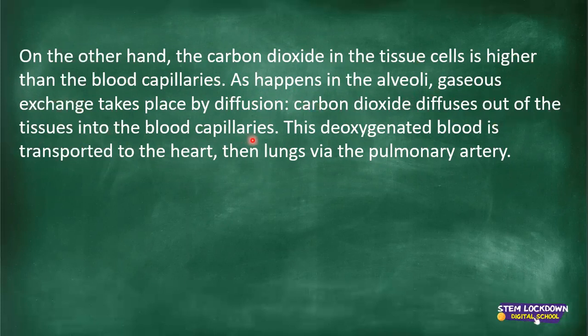You remember with the diffusion process, it moves the particles. For diffusion, the particles move from a high concentration to a low concentration. That is why, because there's a higher concentration of carbon dioxide in the tissue cells, the carbon dioxide will move from the tissue cells where there is a high concentration to the blood capillaries where there is a low concentration.